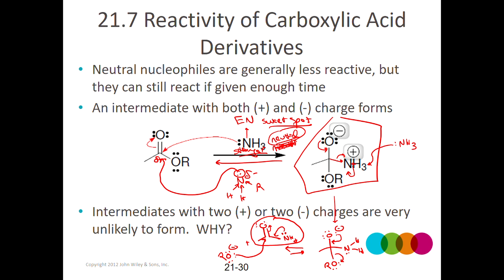So this might not be the fastest reaction because there is a pretty big difference in stability between my reactants and my first intermediate. So the first transition state is going to be pretty high in energy. But it's not prohibitively high. It will happen often enough that over enough time, the reaction can go forward.